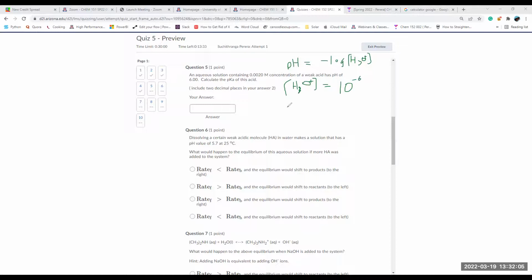Also we know for a weak acid, H3O plus concentration is equal to the square root of C naught times Ka.